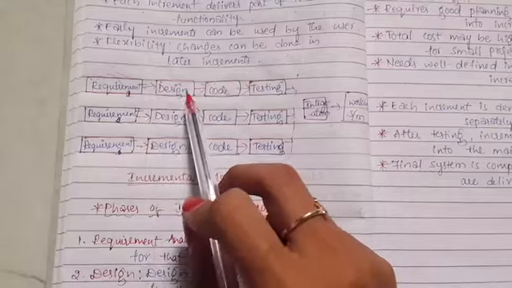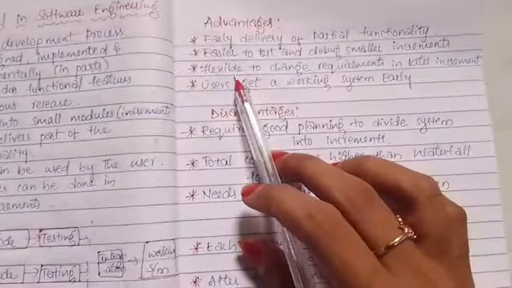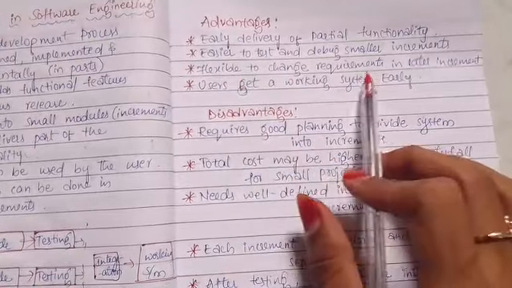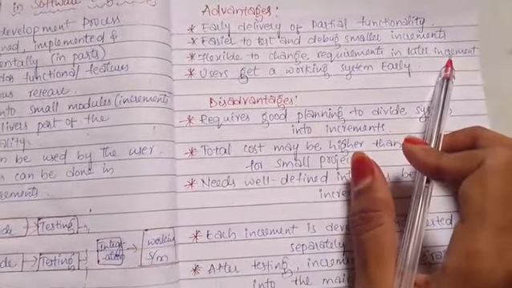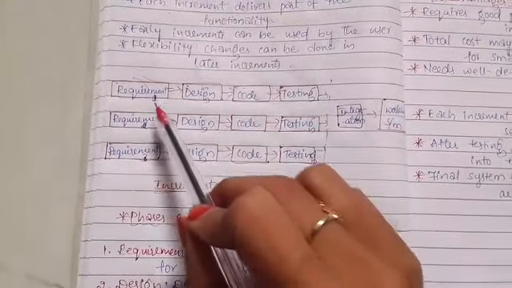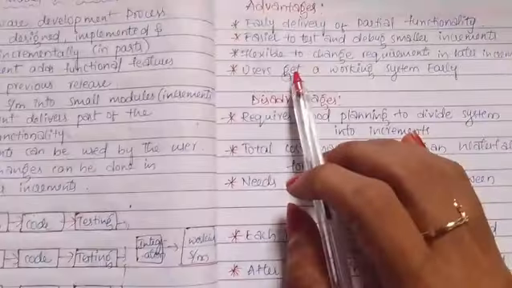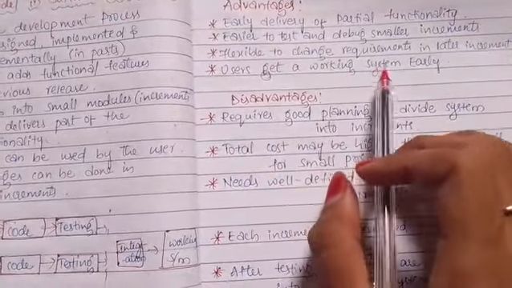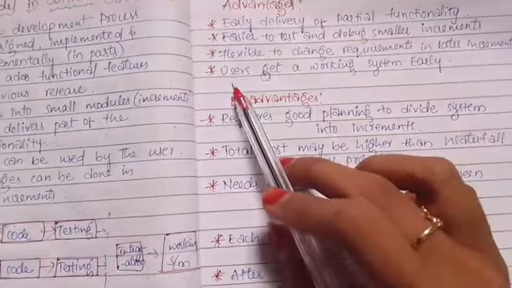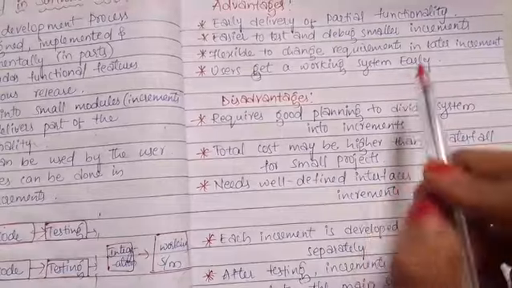It is very flexible to change the requirements in later increments. And the user gets a working system early; the end user will get the working system in the early stage only.